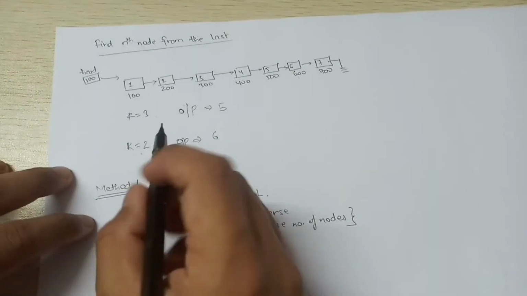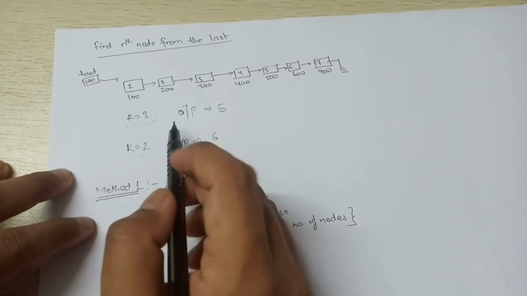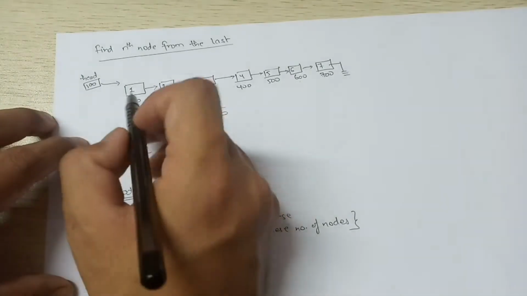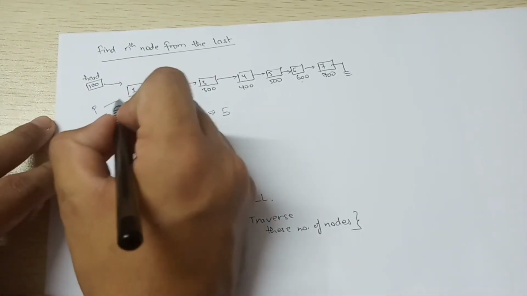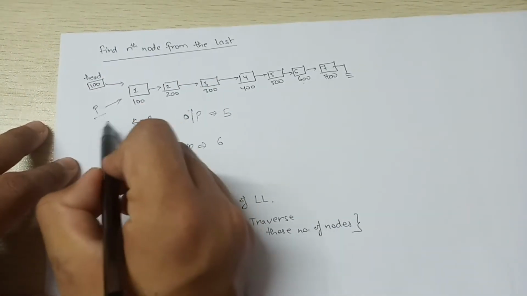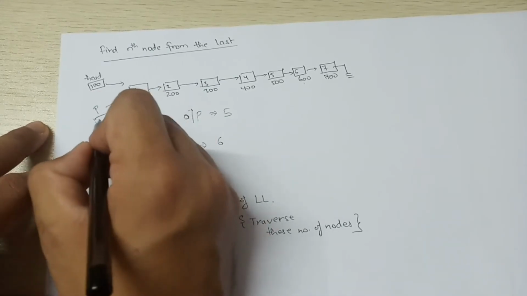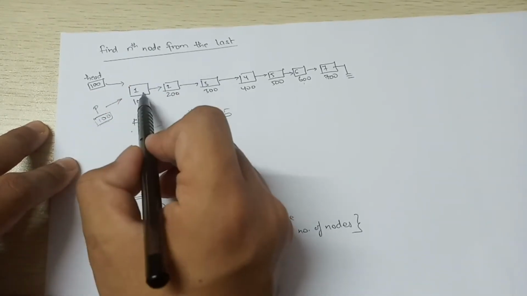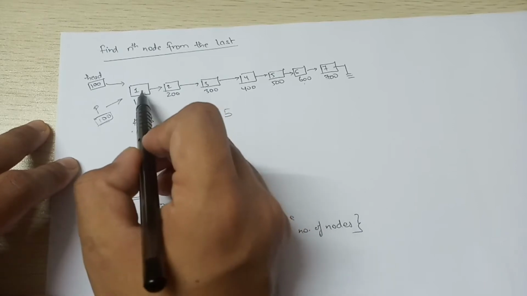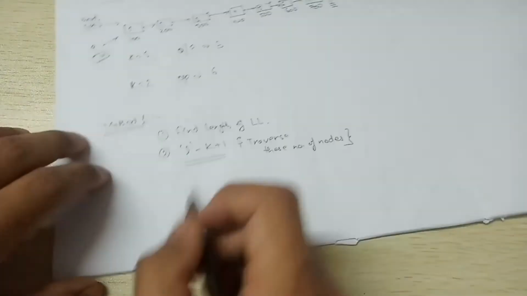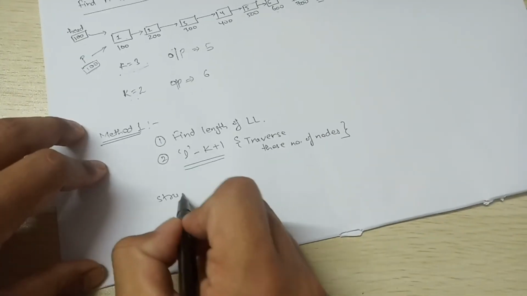So let's see, for k is equal to 3, you have to return the third last node. What you can do is define a pointer which will point to the first node of the linked list. Now you can traverse it and count the number of nodes. So let's write the code.